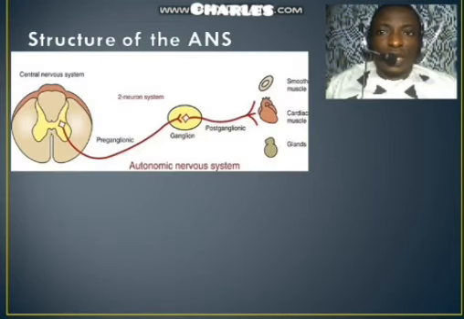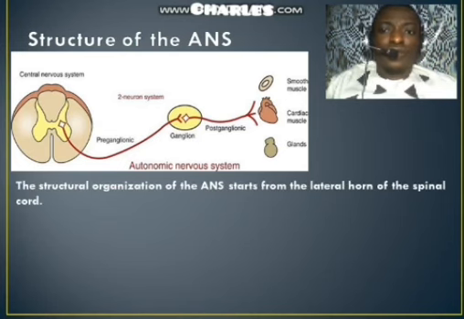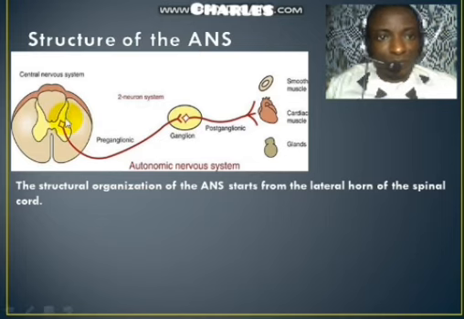We shall now look at the structure or anatomy of the autonomic nervous system. This diagram displayed on the screen describes the structure of the autonomic nervous system. The structural organization of the ANS starts from the lateral horn of the spinal cord.